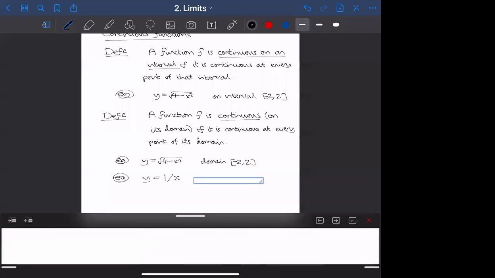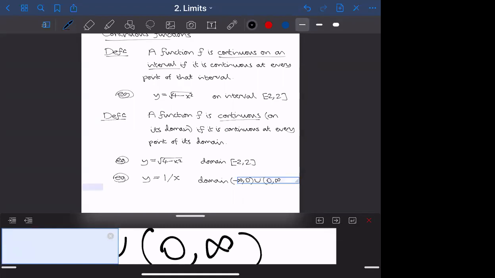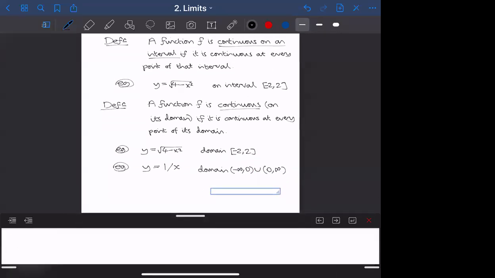In this case, what is the domain? It is a union of two open intervals. Let's draw the graph to remember.